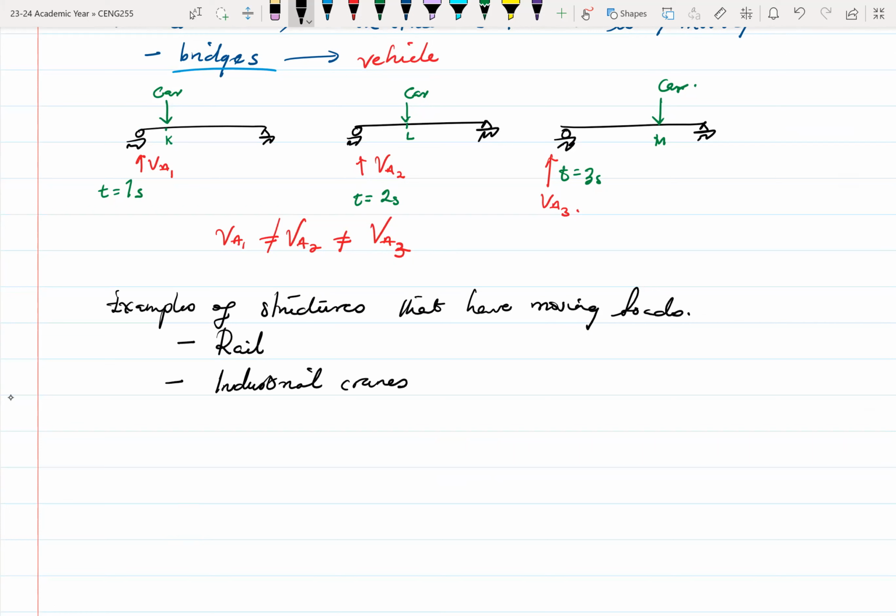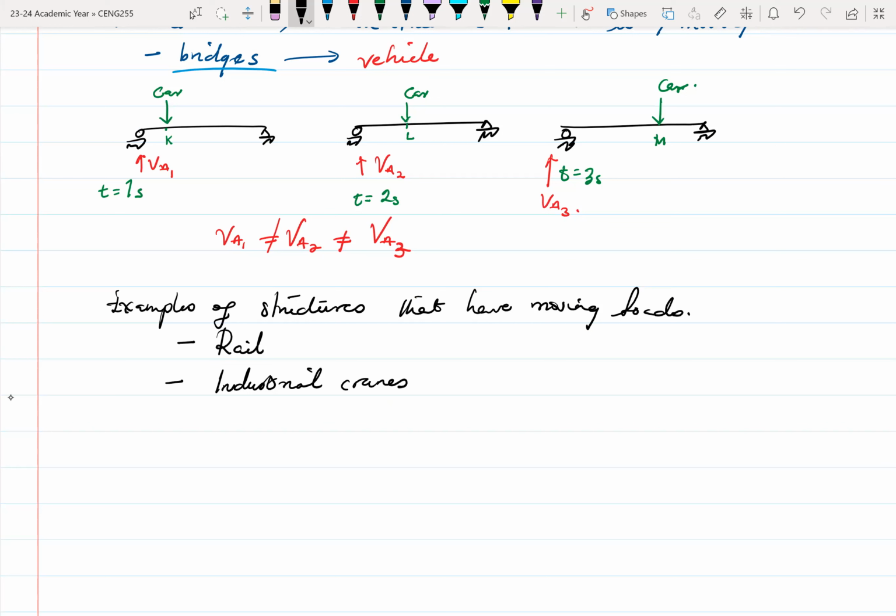You go into certain industries and they have these large overhead cranes, which are part of the building, to move items across the floor. Because the cranes move left and right, north and south, east and west, kind of movement.